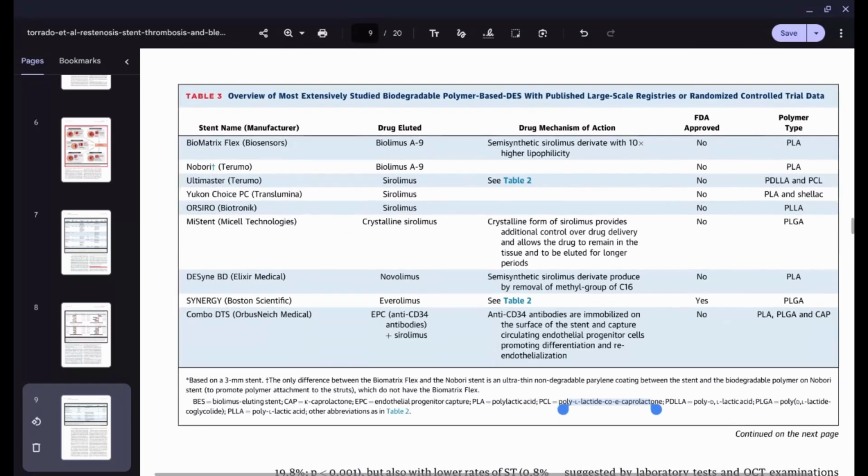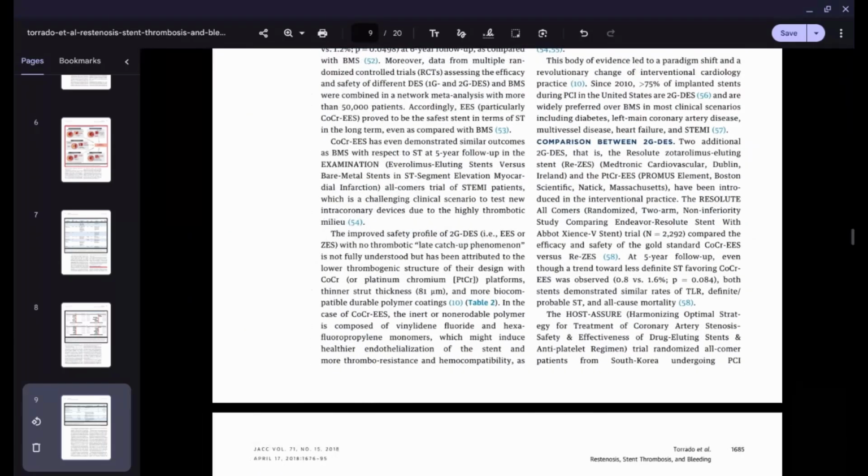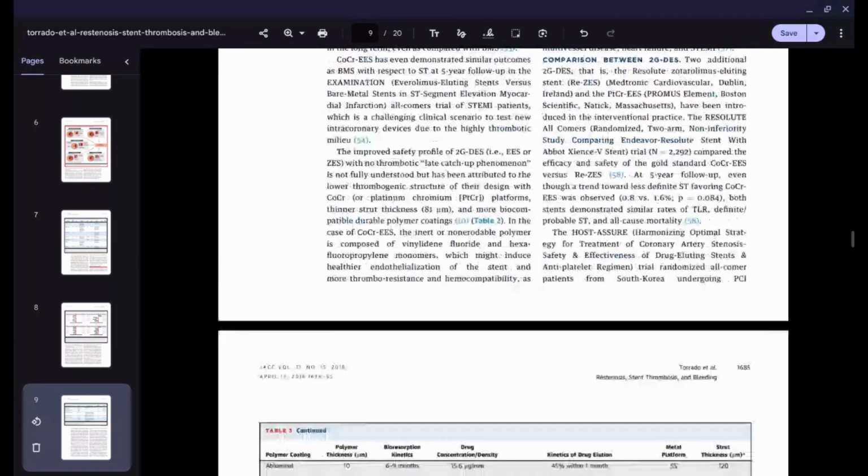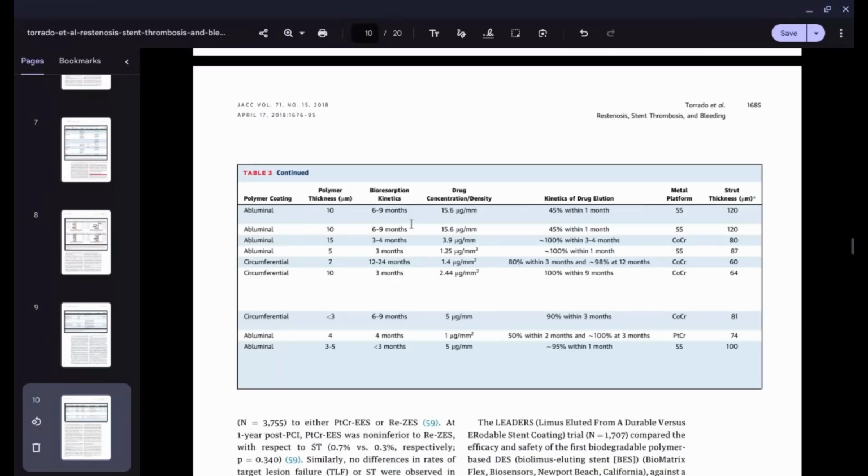And that same table continues, the polymer BPDES, right?